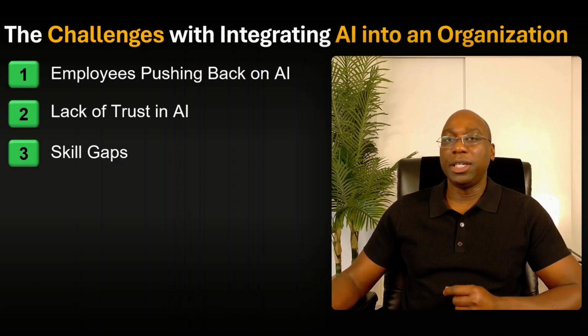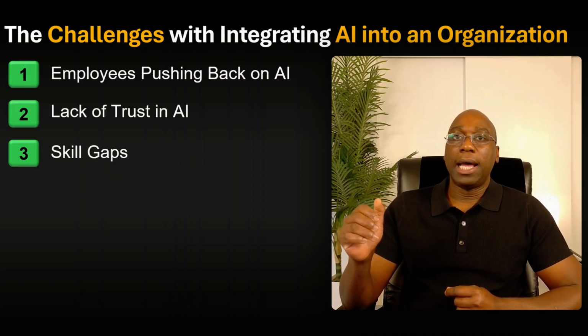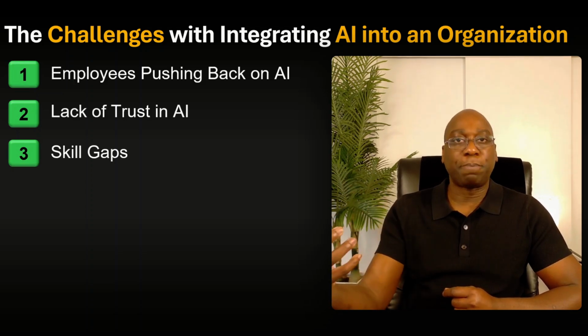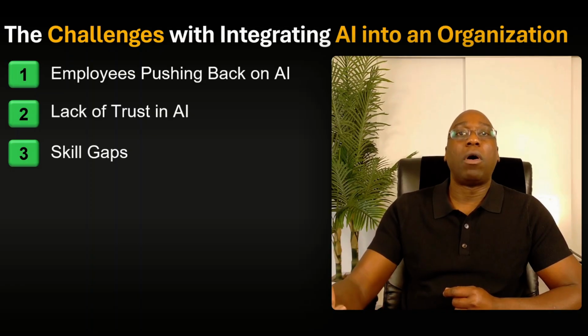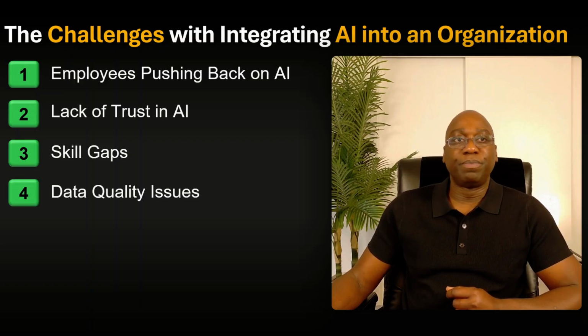Another key challenge is there is a skill gap. Even though you might assume that AI is easy for people to grasp and adopt, people often need to be trained on how to use the AI in order to increase their adoption.